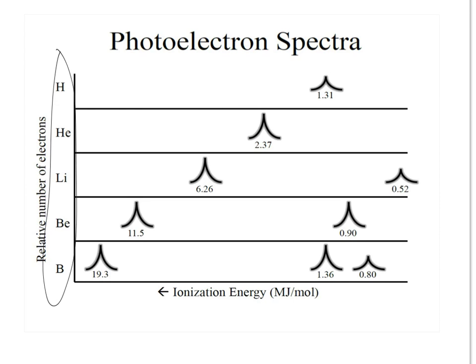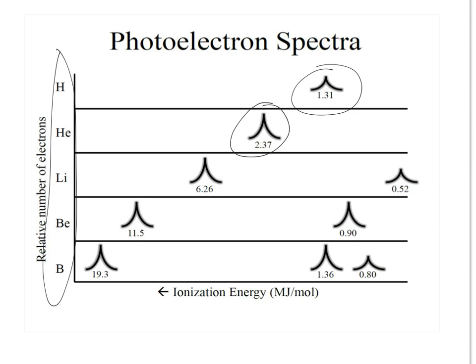The height of the peaks correspond to the number of electrons within that ionization energy. So hydrogen only has one peak, and it's half as tall as the helium peak because it only has one electron. Helium has 2 electrons, so its peak has to be twice as tall.